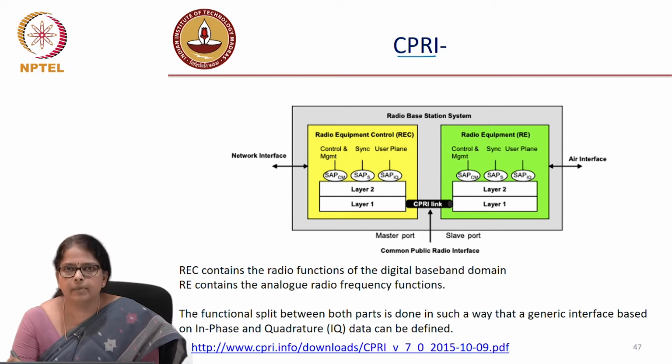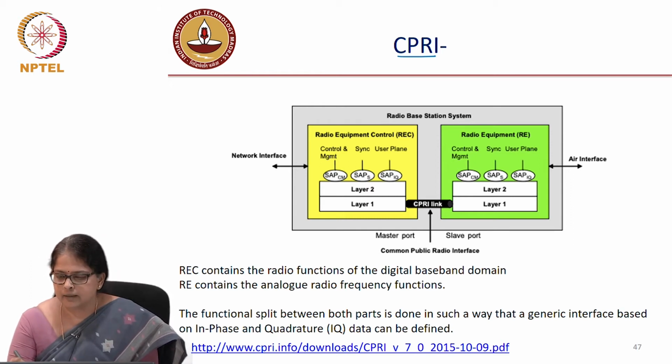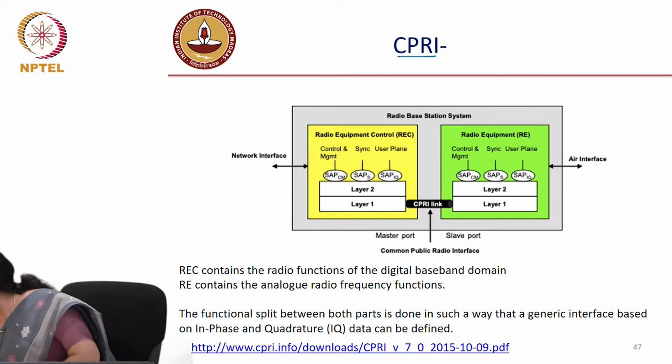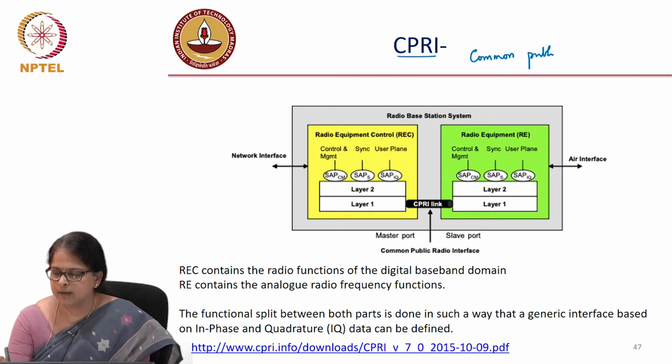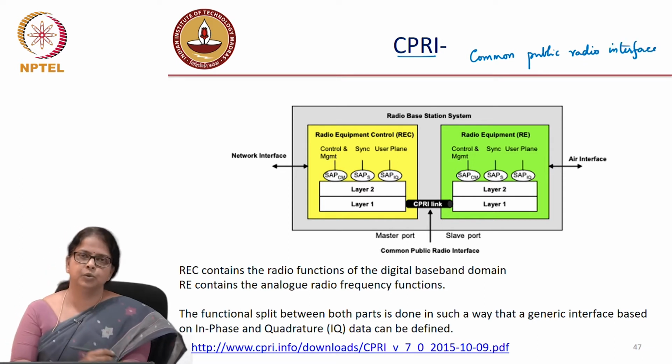So different equipment manufacturers and network operators have gotten together, and they have come up with this new standard, which is called the Common Public Radio Interface. This is available as open source.